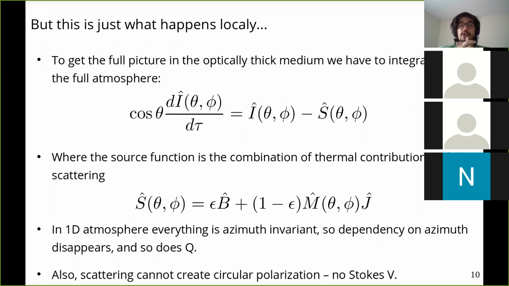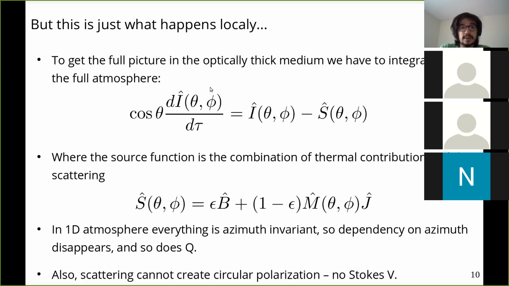But this is just what happens locally, right? So if from one point my scattering intensity is like this, but when I look down the solar atmosphere, I see contributions of the scattering intensity along all the points when I go down the atmosphere, right? So basically what I have to do is integrate over all this path, and now I'm finally going to write this radiative transfer equation for the polarized light as the vector equation, right?